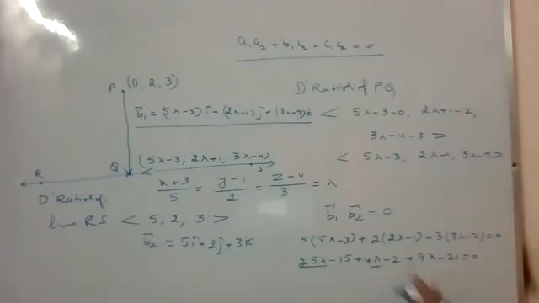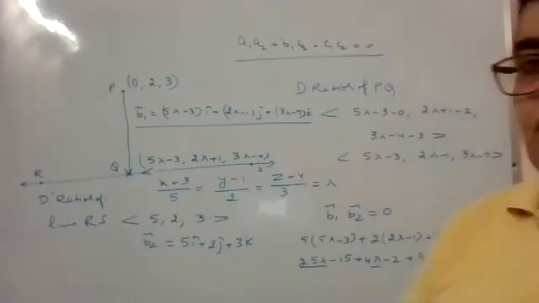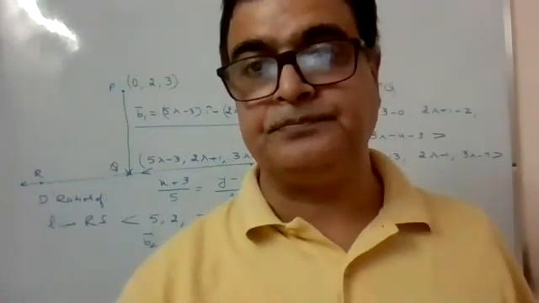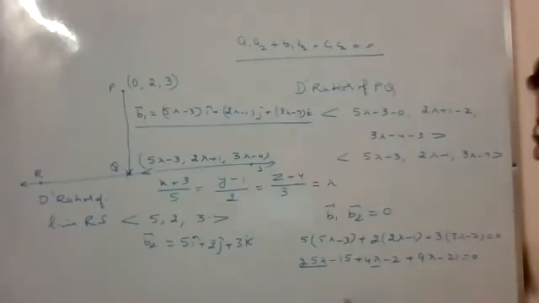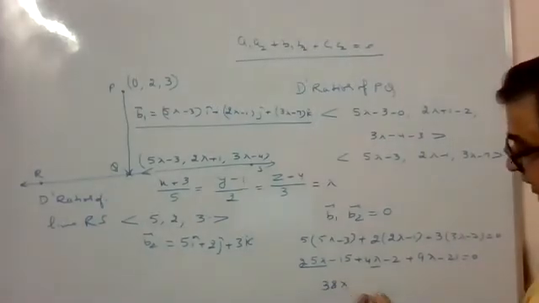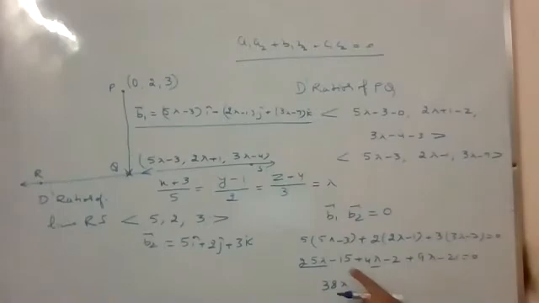25 plus 4 is 29, 29 and 9: how much is that? 29 plus 9 is 38 lambda. And the constants: 15, 16, 17, 18, that also comes to 38.